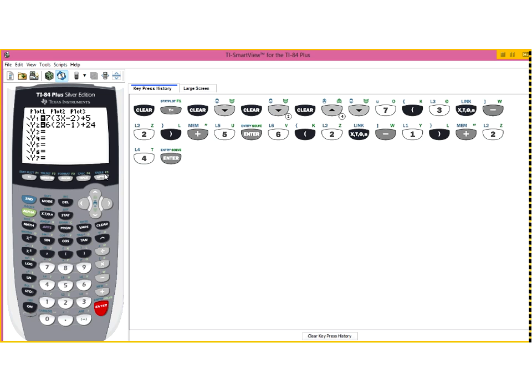Now I'm going to hit graph and see what happens. I was using this the other day to do some of those videos, so the window's all messed up. Let's hit zoom standard and see what happens.